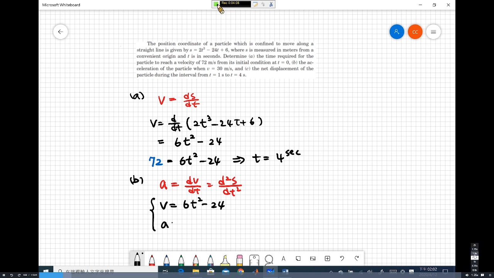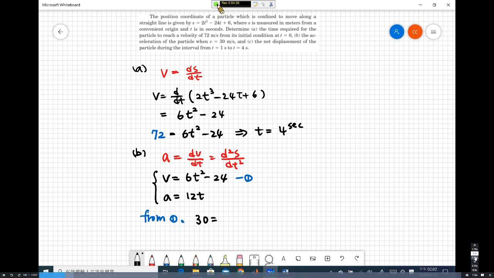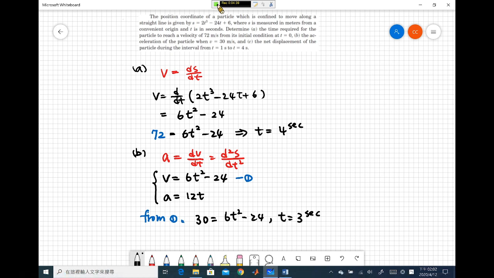If you want to determine a as a function of time, then that will be 12t. So from equation 1, when velocity is equal to 30, then you should be able to determine the time. That will be 3 seconds. Okay?